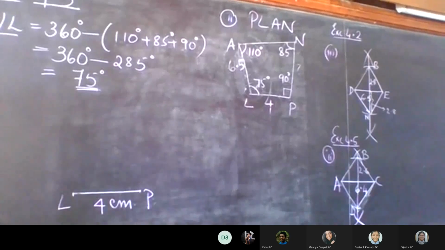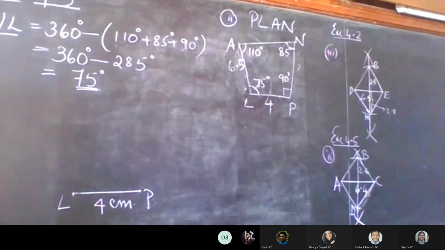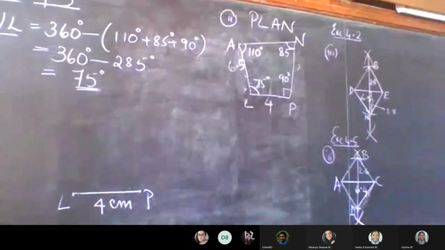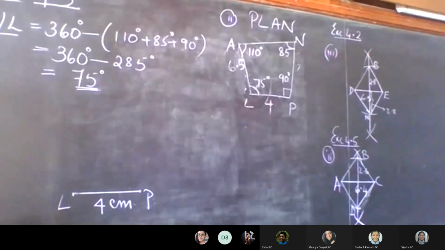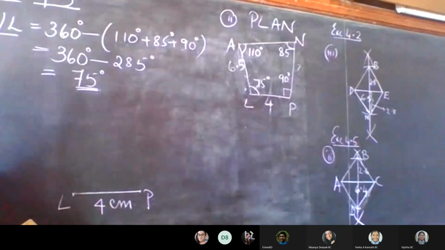Write the measurement immediately. Otherwise, it is confusing. Once we draw, we forget the dimension, and it may be wrong sometimes. Then extend the two ends so that you are able to construct 75 as well as 90 at the two ends. Whatever I am using colored chalk for is only for angle construction.